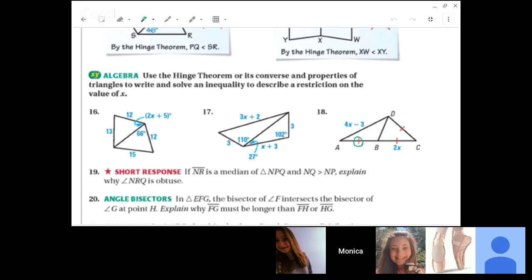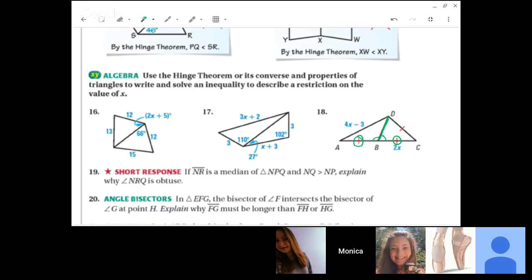So we're going to know that this side here and this side, that's our one set. And then we'll know this one by another set is another set of congruent sides in the triangle. And the hinge theorem concerns the angle between them, right?